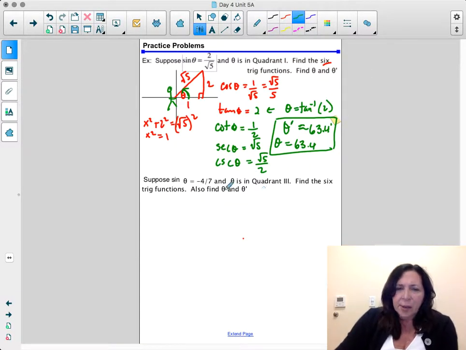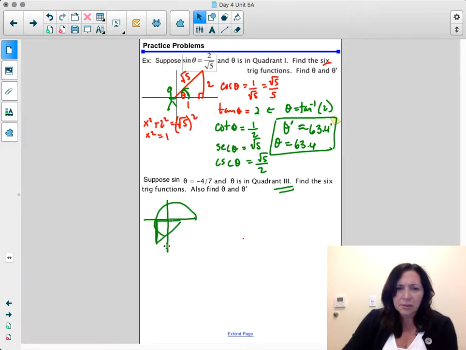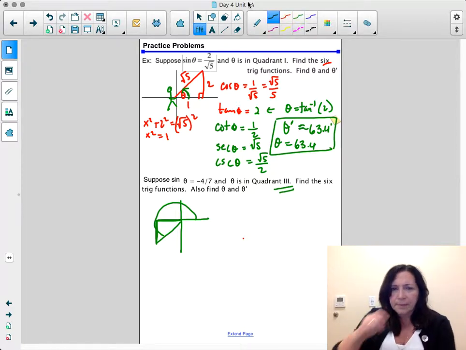Now, in this one right here, it says, suppose sine is in the third quadrant. So in the third quadrant, I'm going to draw my angle. Okay, here I am. And it says sine is opposite over hypotenuse.